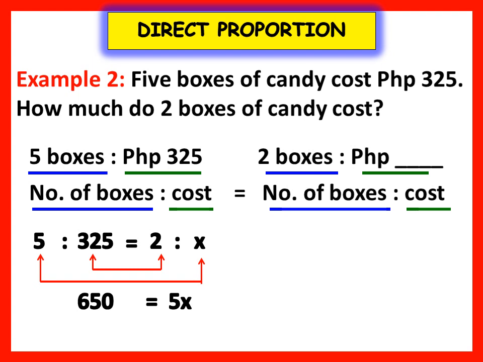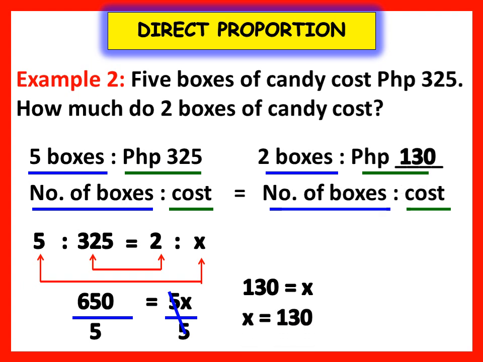To solve for x, we need to get rid of that 5 by dividing both sides by the numerical coefficient of x, which is 5. So 650 divided by 5, by the way, this will be cancelled. So dividing it, it will become 130 equals x. So therefore, your x is 130. So it should be 130 there.